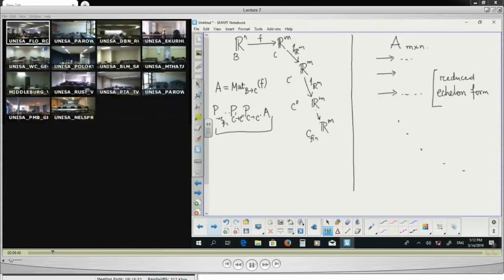Now, since these are change of base matrices, they are bijective.